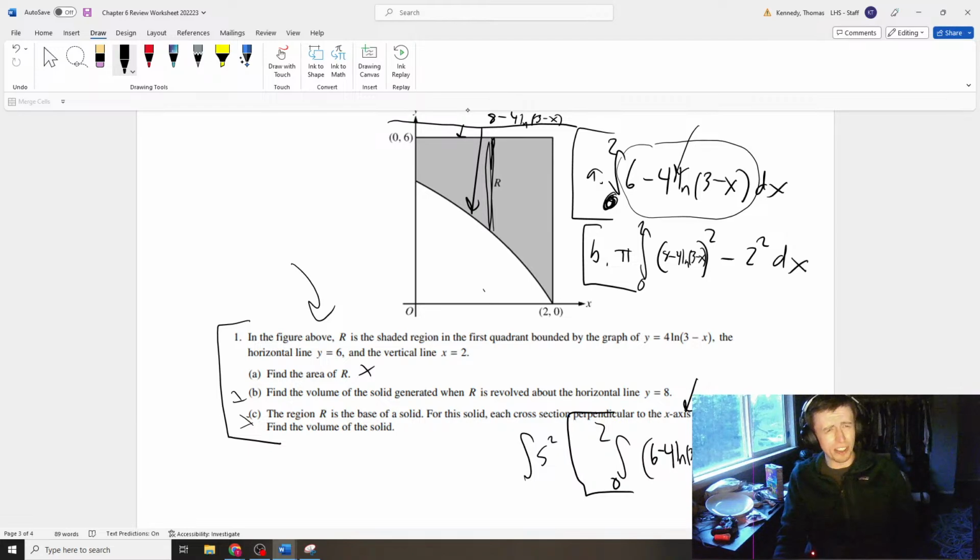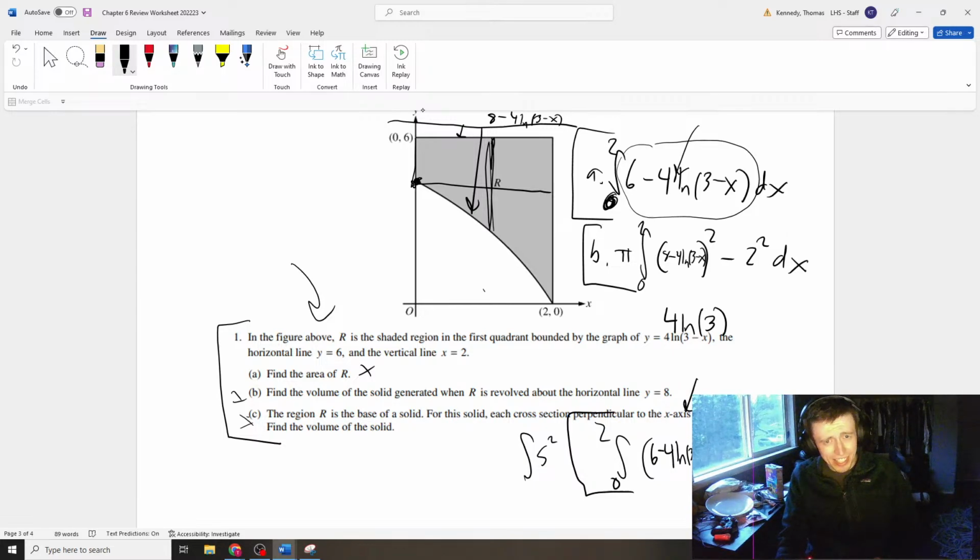If you had to use y, it kind of would have sucked a little bit because you'd have to do this section differently than you do this bottom section. You'd have to integrate differently from wherever this intersects, right here. What is that? 4 ln of 3?